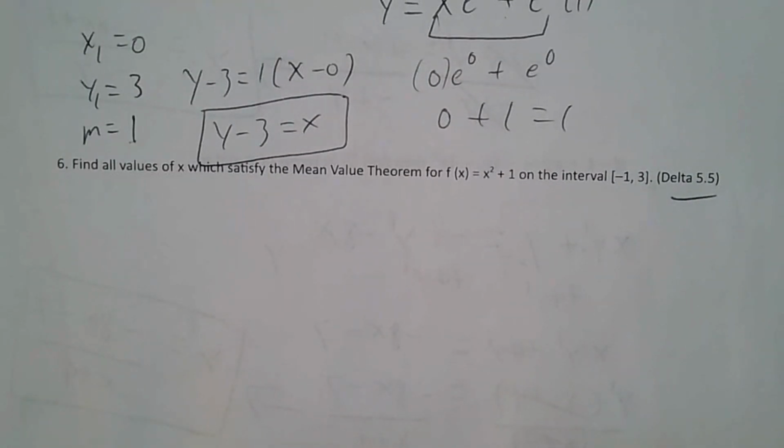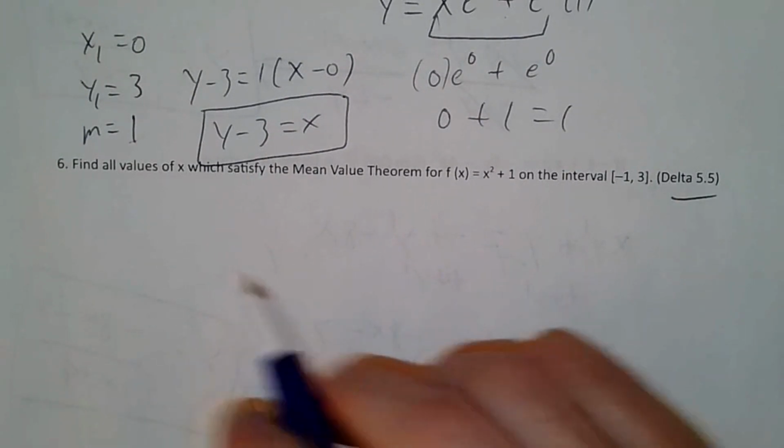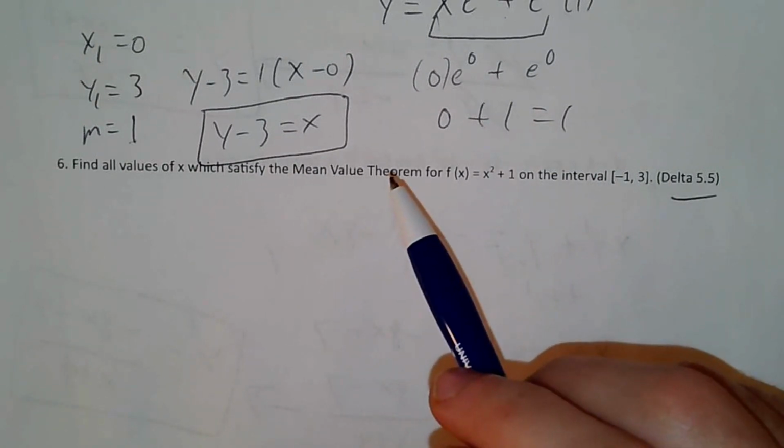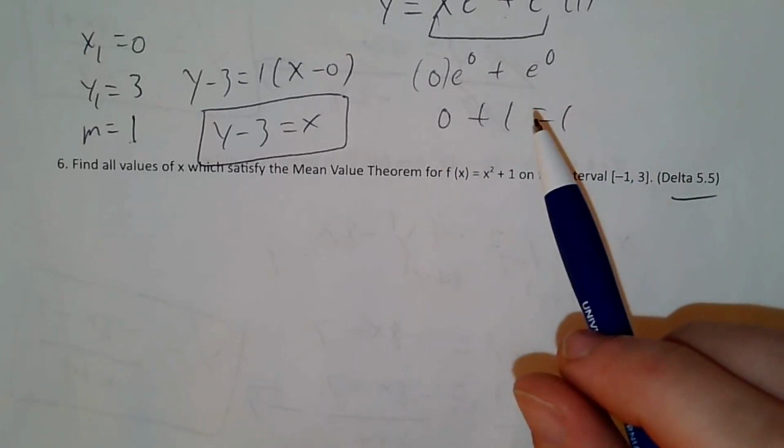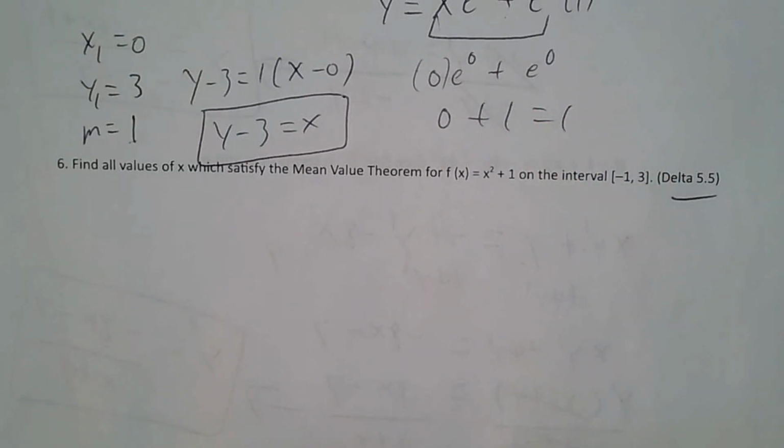Okay, for this one, mean value theorem says that if this is differentiable and continuous on this interval, negative 1 through 3, which it is, then at some point, or multiple points, the slope of the derivative should equal the slope of the average rate of change.